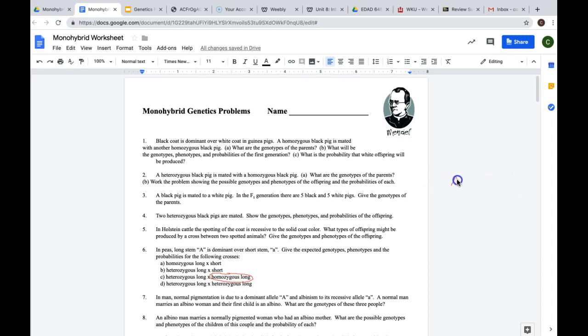So if I have a heterozygous long and a homozygous long, again, I'm going to have homozygous dominant, homozygous dominant, and then these two will be heterozygous.